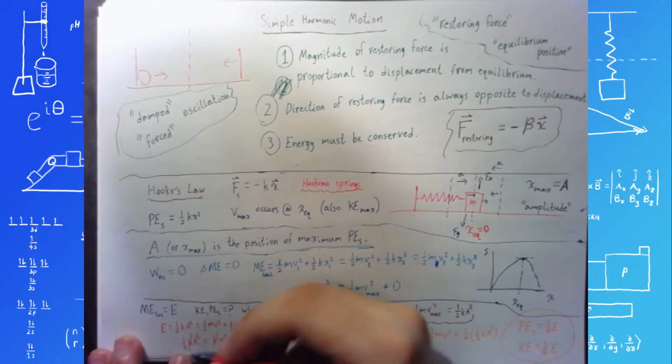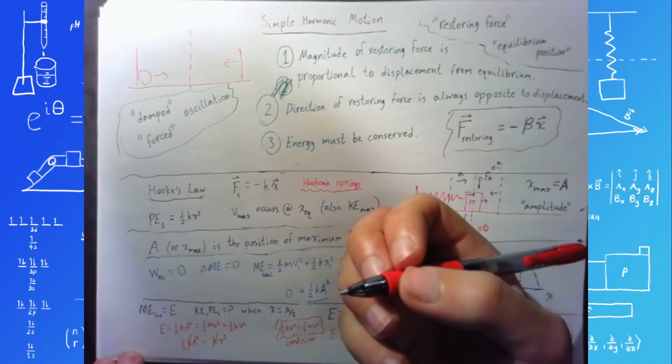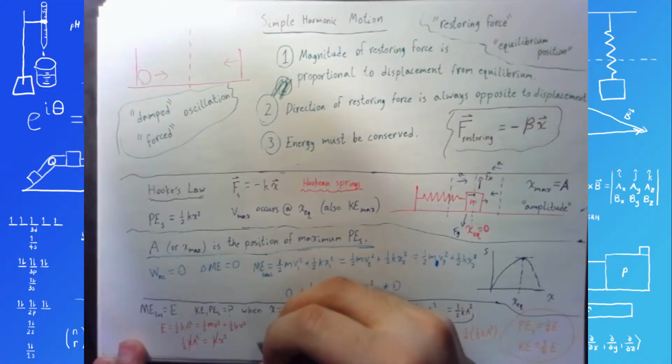The k's cancel out. And now I've got a squared over 2 equals x squared. If I take the square root on both sides, I get x equals the square root of a squared is a over the square root of 2.